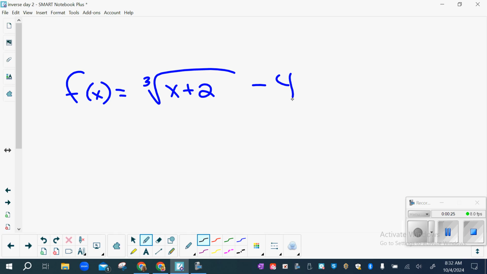Could you find the inverse of that guy? So here's what I want to remind you. Square root jail and exponential bombs undo each other. They're the opposite of each other. So if you have a cube root, the thing that unwraps it is a little bomb, because it blows up your jail.